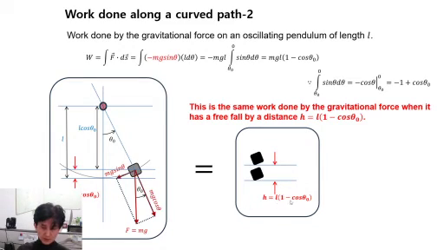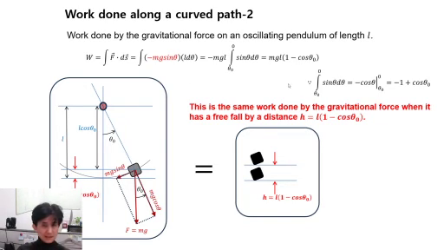So the work done by the gravitational force for this circular motion from one fixed angle theta 0 to the 0 angle is nothing but the work done on a free-falling object by a distance h. Distance h is L times 1 minus cosine theta 0.